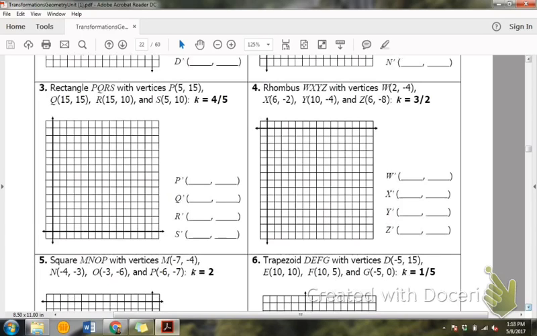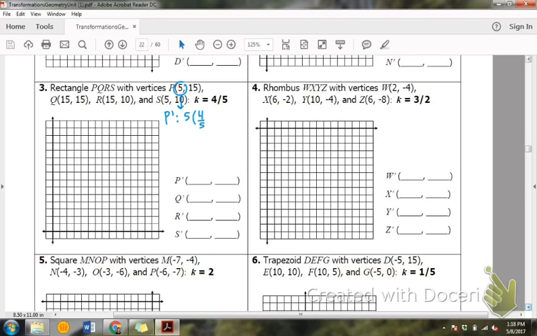So you're going to have to do a little bit of fraction work, and you have space around the edges that you can do it. To do 5 times 4/5, let's do this one together. If I want to find P prime, I'm going to take this 5 times 4/5.